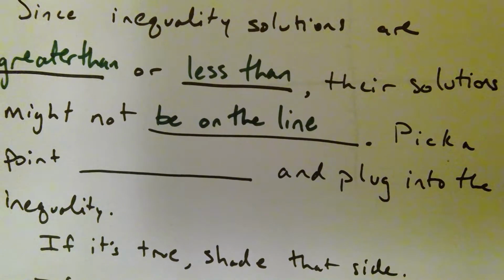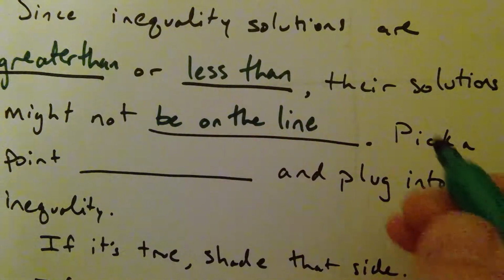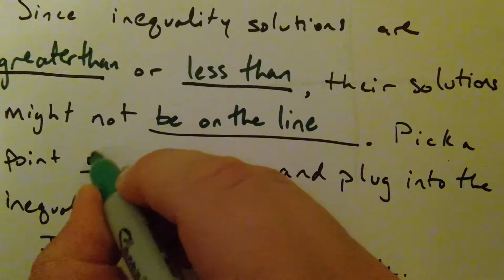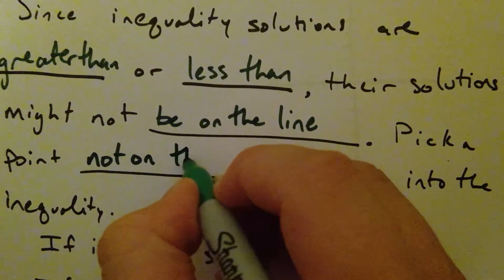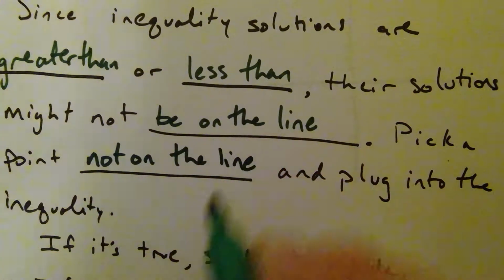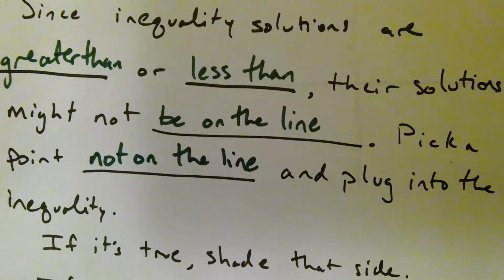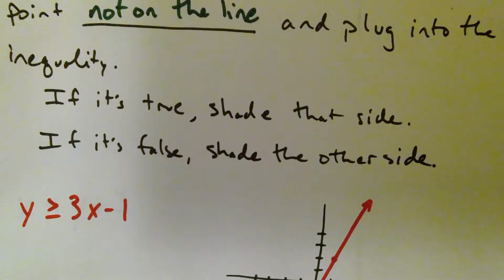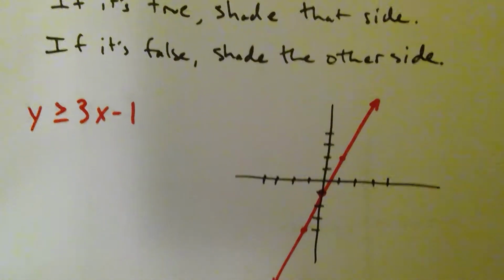So we will pick a point not on the line and plug it into the inequality. If it's true, we will shade that side. If it's false, we will shade the other side. So let's do an example to see what that's going to look like.